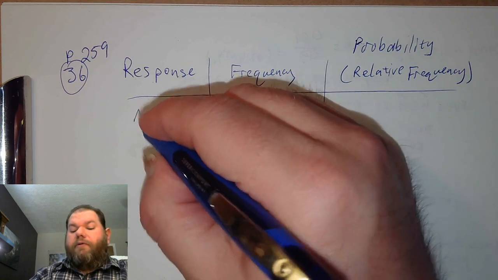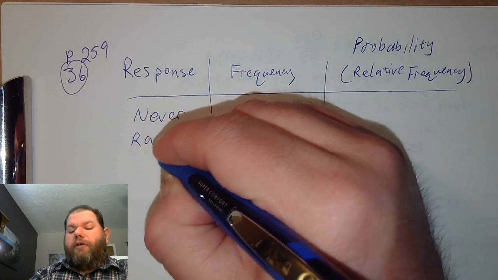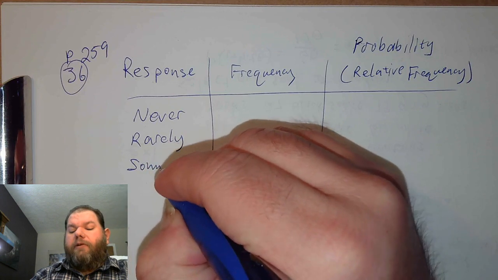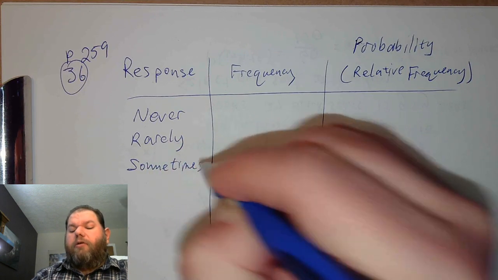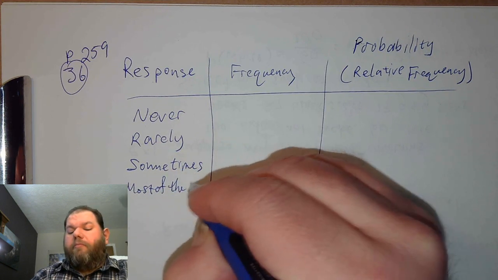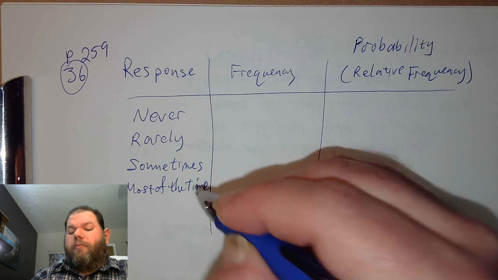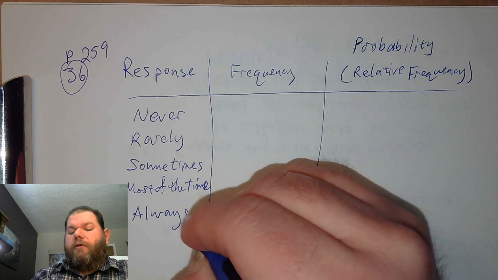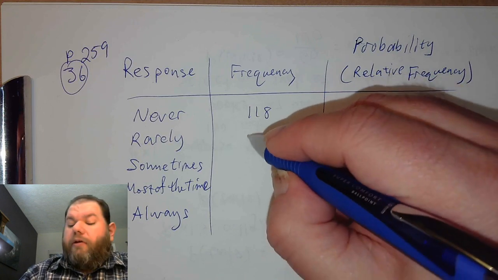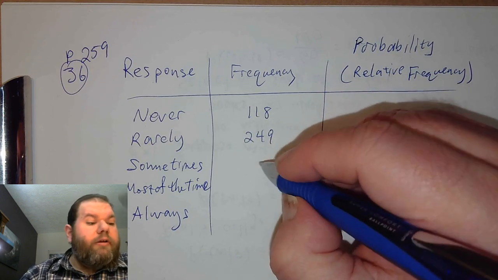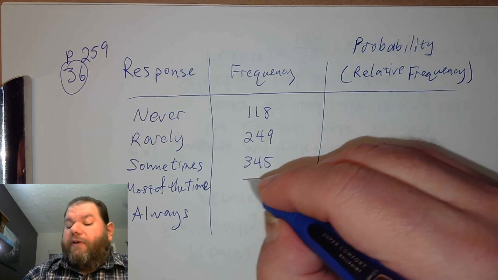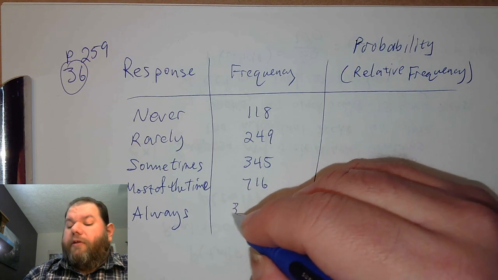So we have never, rarely, sometimes, most of the time, and always. Let's see, 118, 249, 345, 716, 3093.